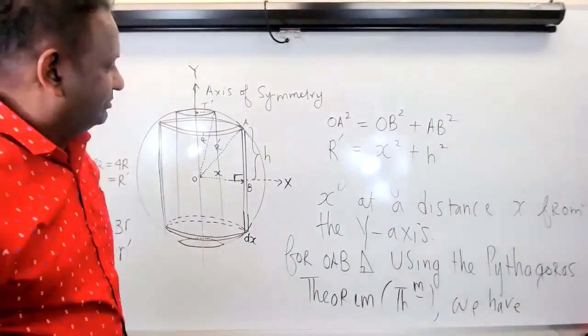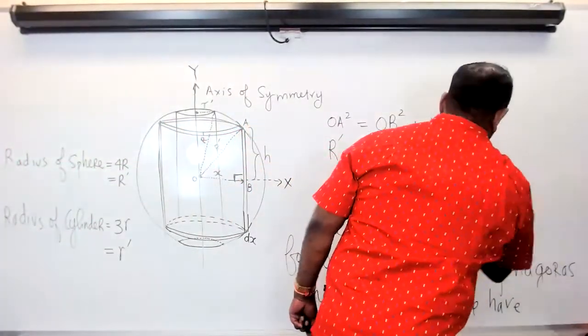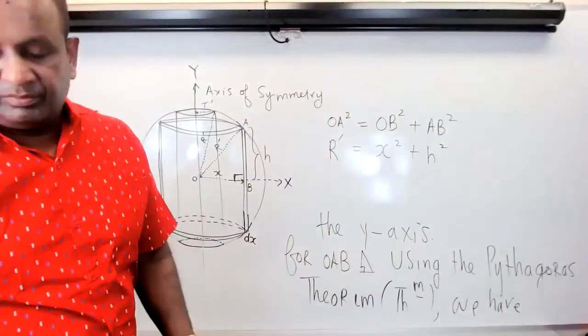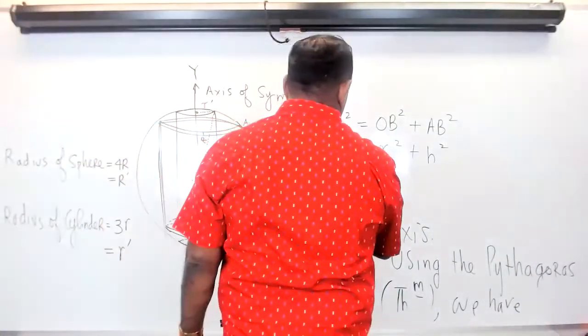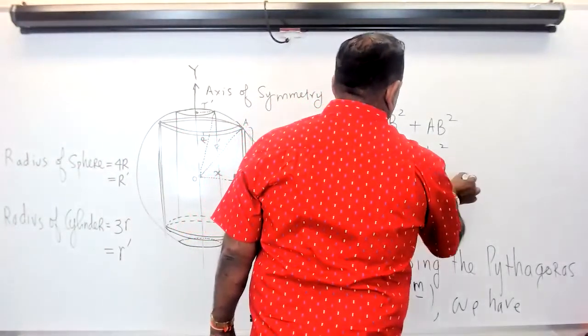I'm going to erase this. Therefore, your h squared is nothing but R prime squared minus x squared.